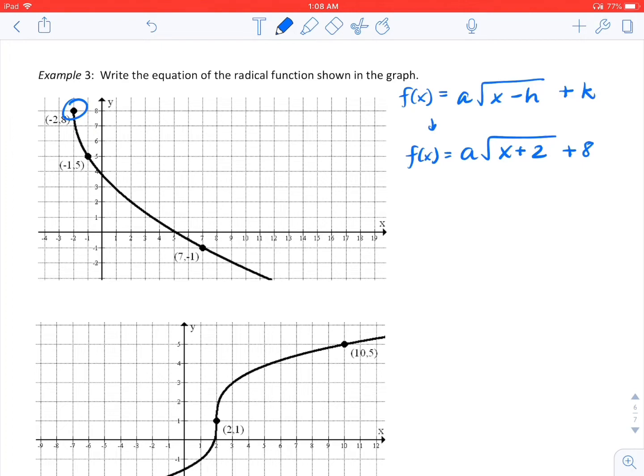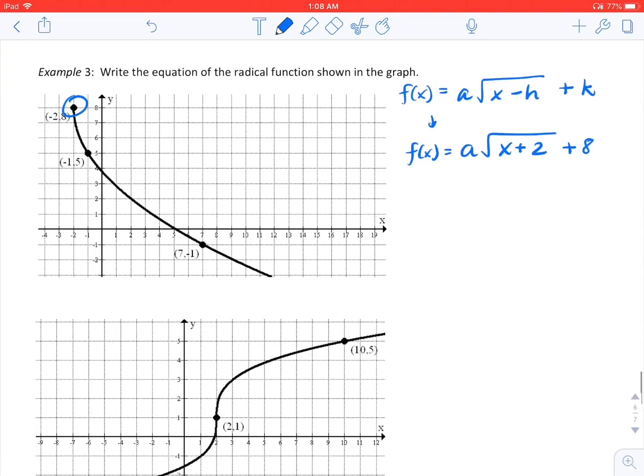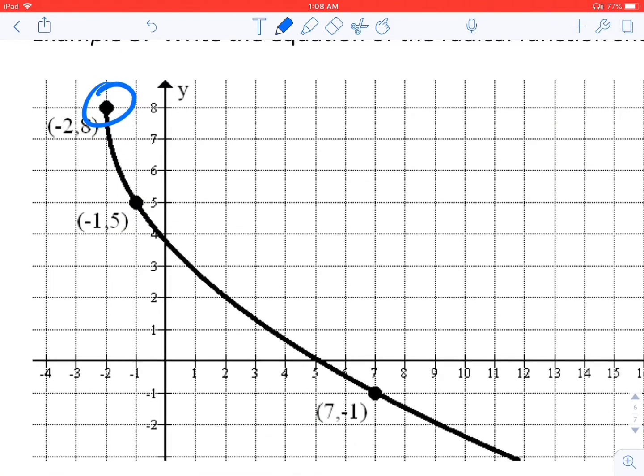From here, the approach that we've utilized before was to pick another point on the graph and substitute it in for x and y to solve for a. And that is one approach that you're welcome to use, or another approach that's easy to see with radical functions is from the endpoint, determine how many units you're shifting up or down and left or right from the endpoint.